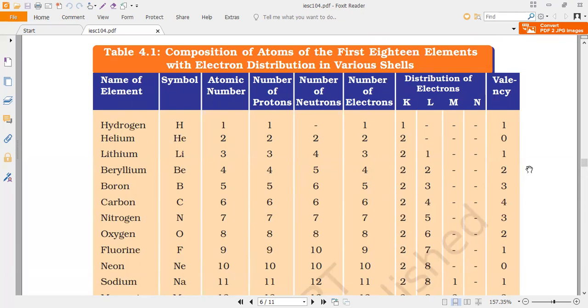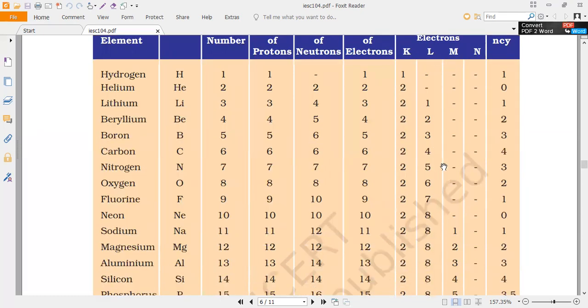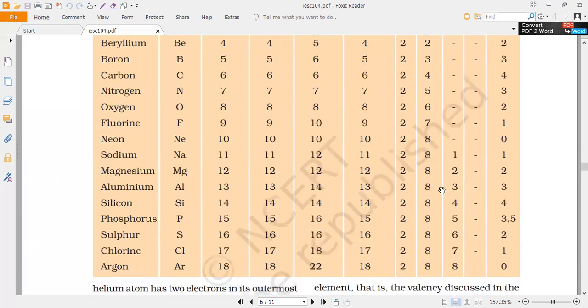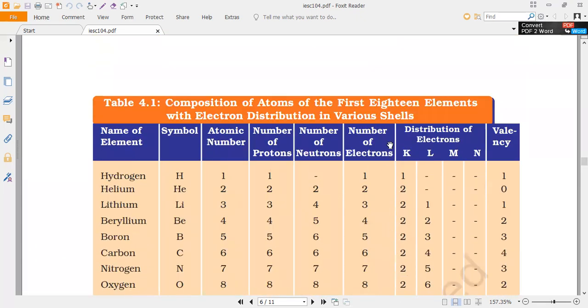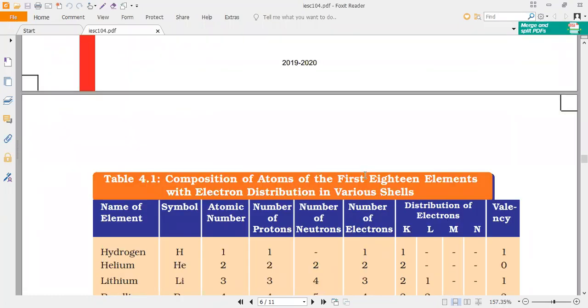Other than this, you have to complete all the things, till the distribution. This distribution also we will study. It's not an issue. But up to number of electrons in this tabular column, atomic number, protons, neutrons, and electrons, you must do. The distribution and valency I will teach you in the next class.